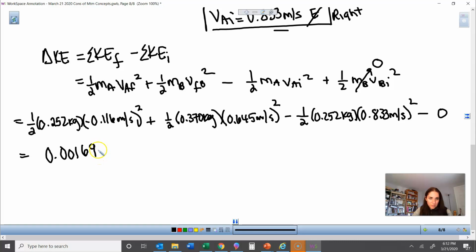0.00169.5. So I think with that, I'm just going to round to 170. This is in joules, plus... I'm going to do that. Now this whole thing is going to subtract with this one.